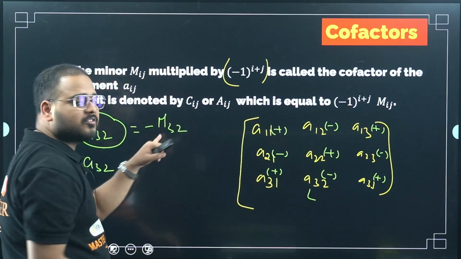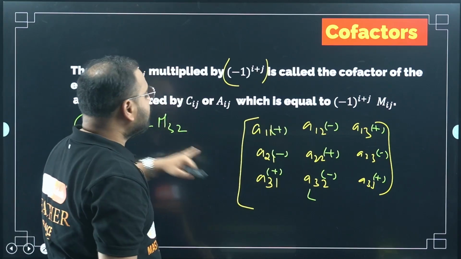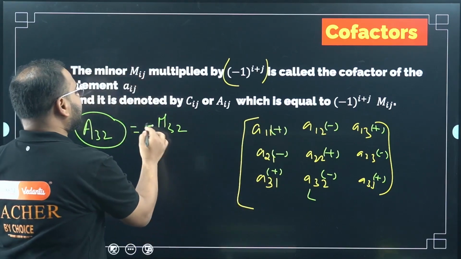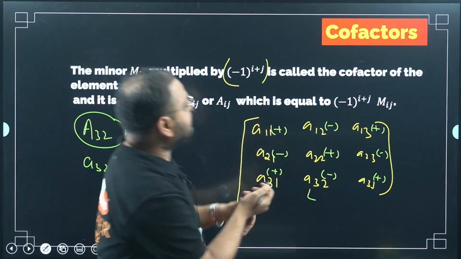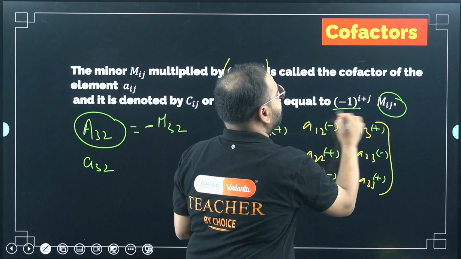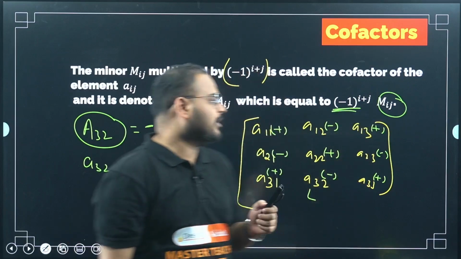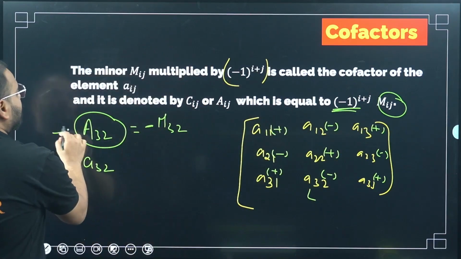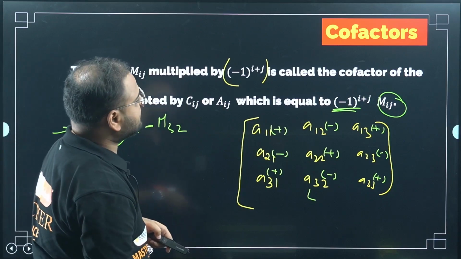So write the minor of element A32 and put a negative sign next to it. So that's Mij with the sign part as well, and when you do that, you get your cofactors.